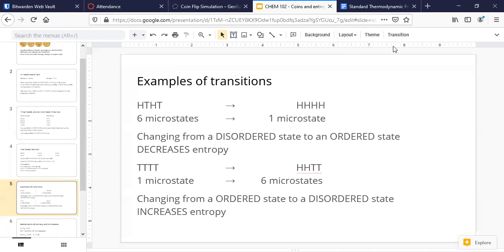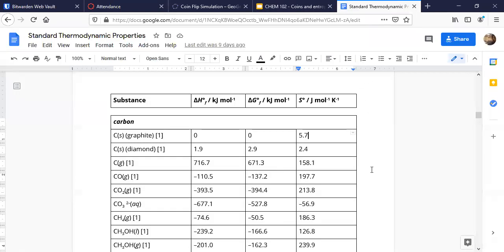From our thermodynamic data, there we go. Now, this is the part of the table I've been concerned about up to this point when I'm talking about carbon.